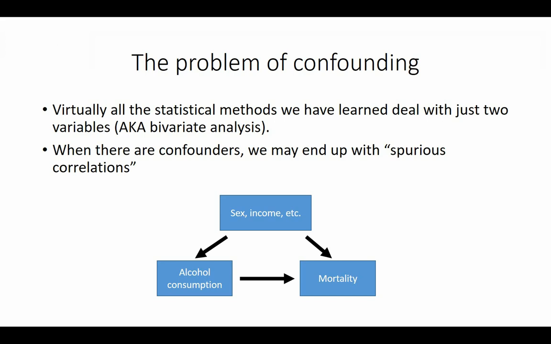So this could explain some of the association that we see between people drinking more alcohol and dying younger. And you can think of all kinds of other variables like income and other factors which could affect it. And if we just study alcohol consumption and mortality, we cannot really know whether this association is due to all of those confounders.